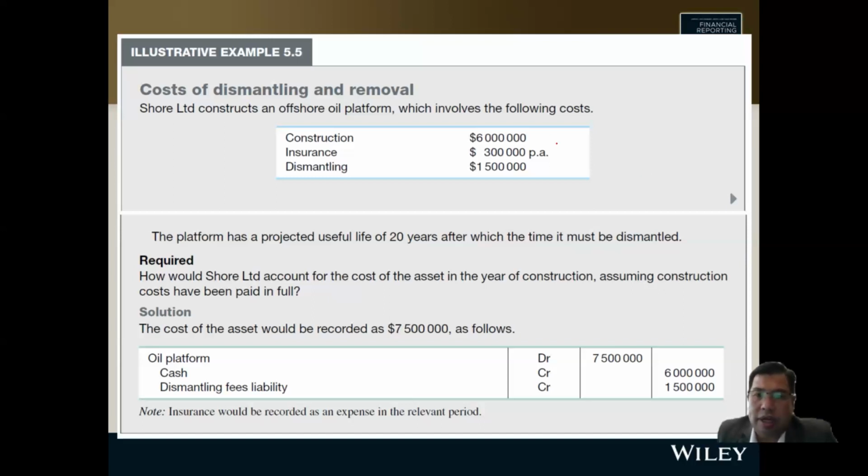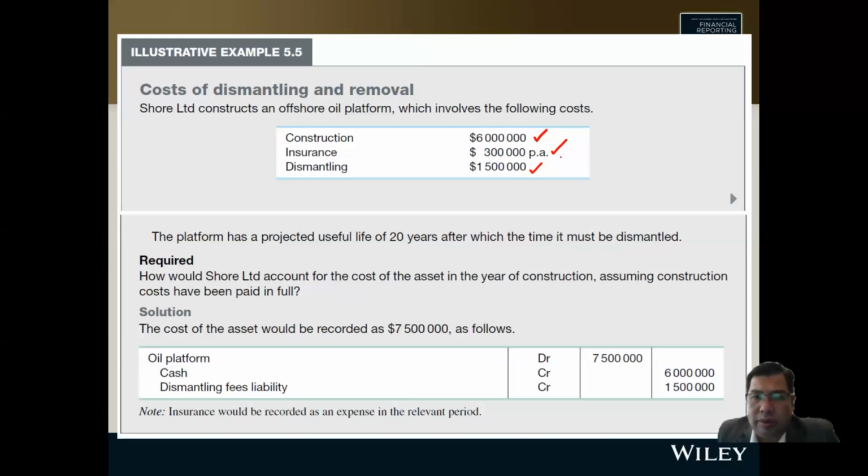The cost of constructing is 6 million. The insurance cost is 300,000 per annum. Dismantling is 1.5 million. So we have three types of costs here: construction cost, insurance cost which is annual, and dismantling.